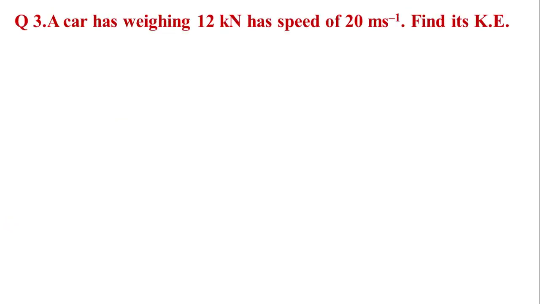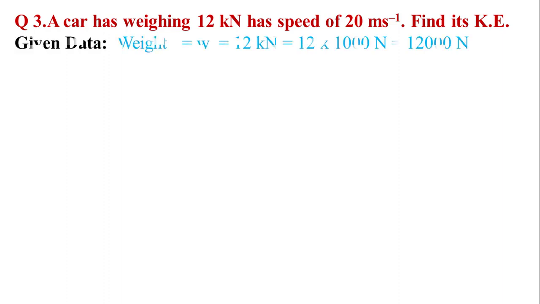Now question number 3. A car weighing 20 kilonewton has a speed of 20 meters per second. Find kinetic energy. First of all, write the given data. Weight W is equal to 20 kilonewton.